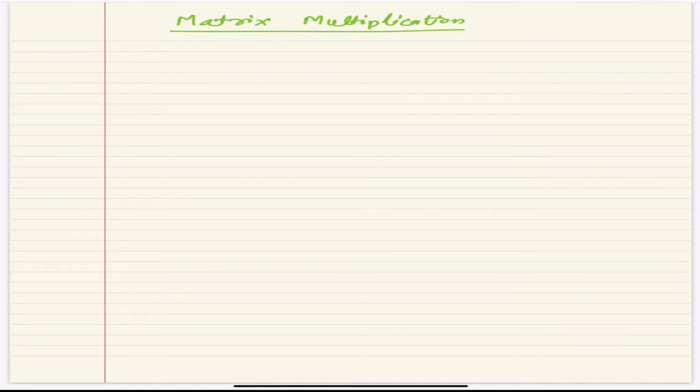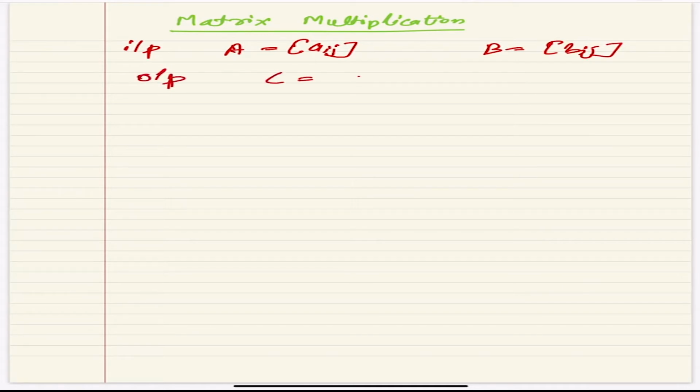You are given 2 matrices A and B. So input are 2 matrices A and B, say elements are Aij and B elements are Bij, and the output is C, elements are Cij, and all i, j go from 1 to n, right? So they are n cross n matrices, and this output should be A times B.